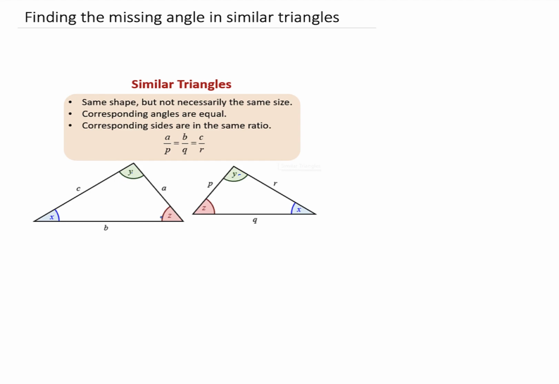Angle Z in the big triangle will be the same value as angle Z in the small triangle, and so forth for X. Now in this episode, I'm not going to be finding the sides of the triangle because I've already done a video on how to find corresponding sides, and I will link that video at the end. In this episode, I'm just going to be showing you how to find the missing angle.